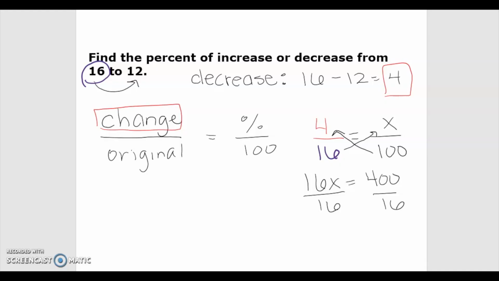So we have 400 divided by 16, and x equals 25. Now, because our variable is in place of our percentage, we need to put a percent sign on our answer. So our answer is the number decreased 25%.